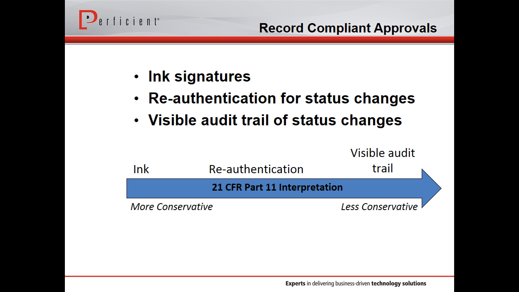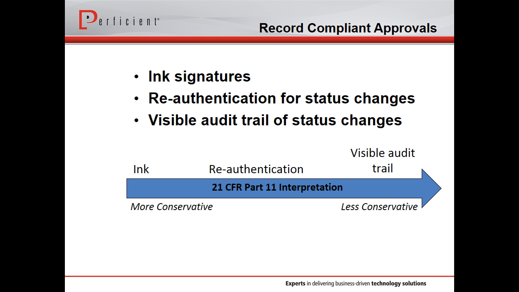The biggest challenge we've seen when it comes to electronic trip reports is how to ensure compliant approvals of those trip reports. There are three primary ways of approving a trip report, each with varying degrees of compliance risk.